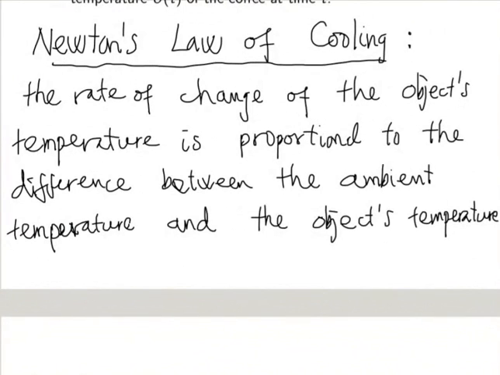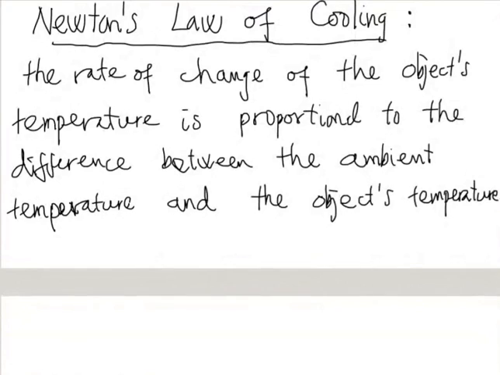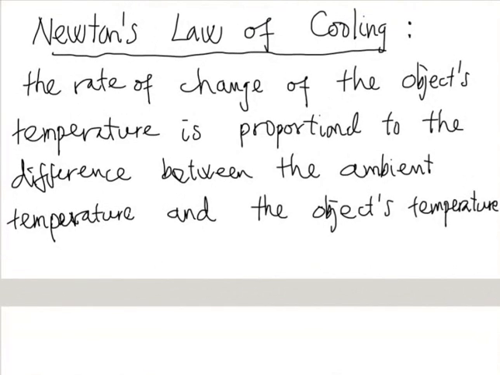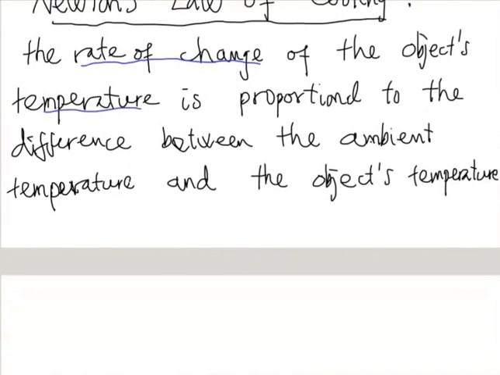But in order to solve the equation, we need to write out the formula for the law here. Now from above, we use u to denote the temperature of the object. So this is the rate of change of the object temperature from calculus 1. The rate of change means derivative. So we have du dt equal to proportional.